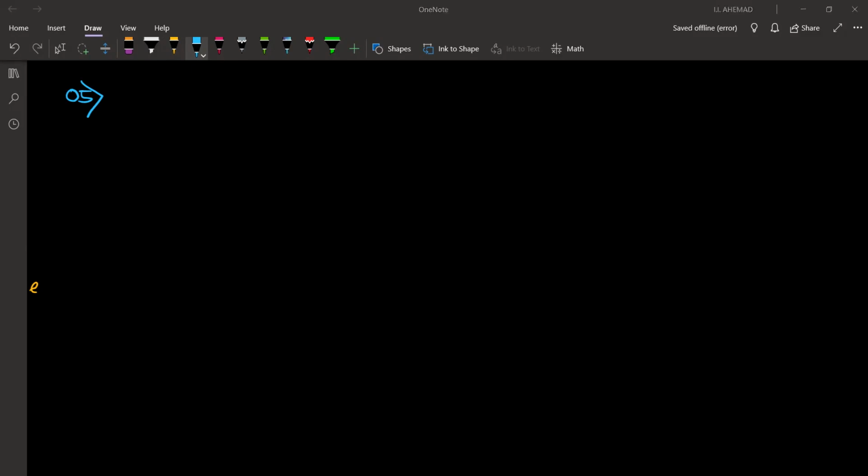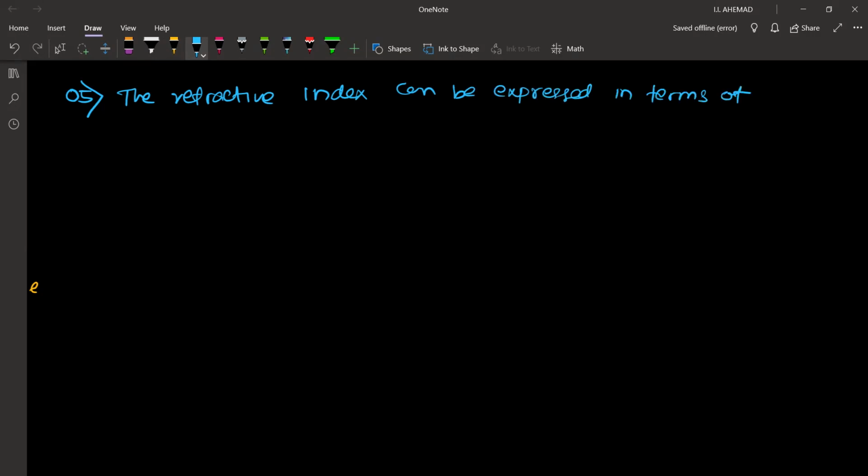So note number 5: the refractive index can be expressed in terms of velocity of light in each medium.